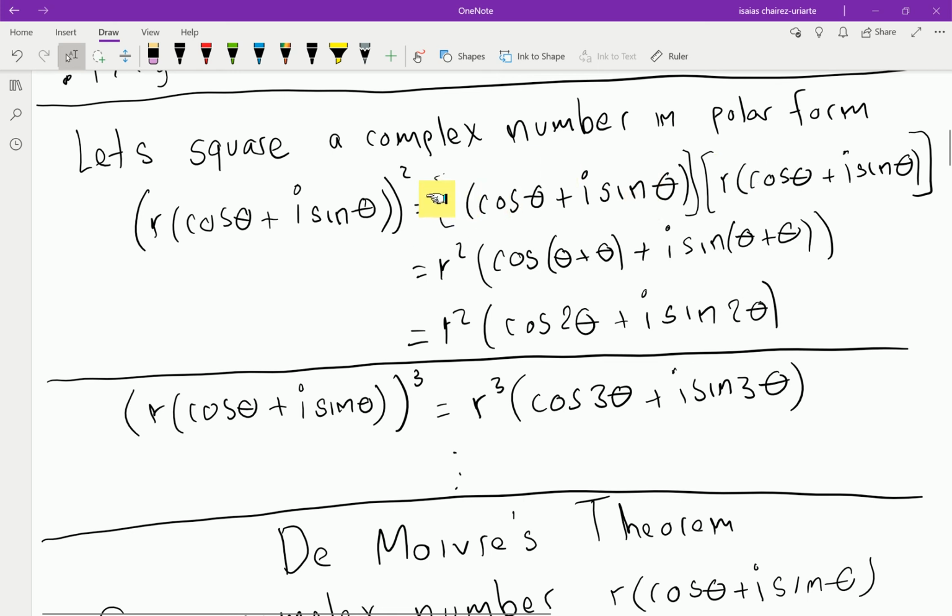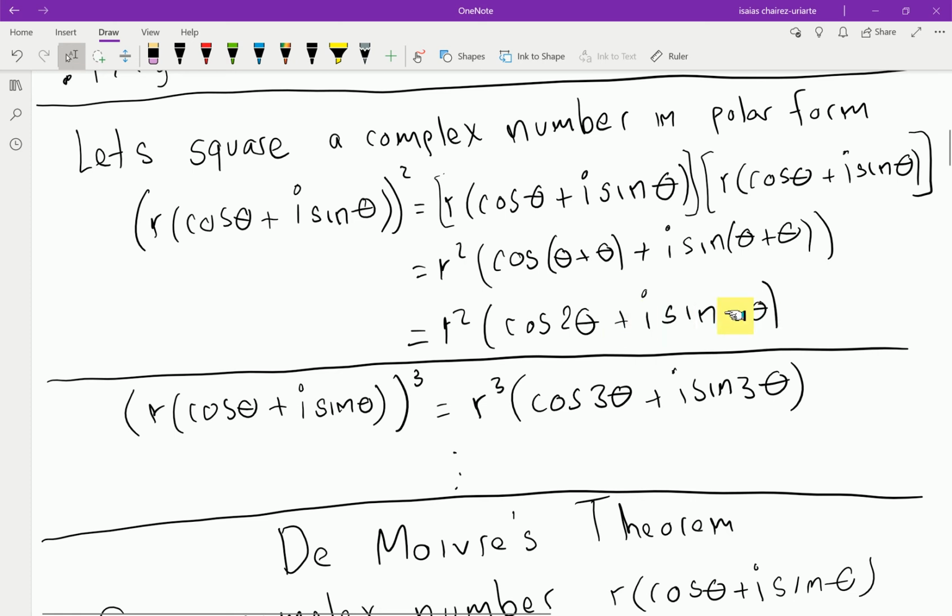It's the product of the moduli, so r times r, r squared, times cosine of the sum of the angles, theta plus theta, plus I sine of theta plus theta, and theta plus theta is just 2 theta. So if I square this complex number, it becomes the modulus squared times cosine of the double angle plus I sine of the double angle.